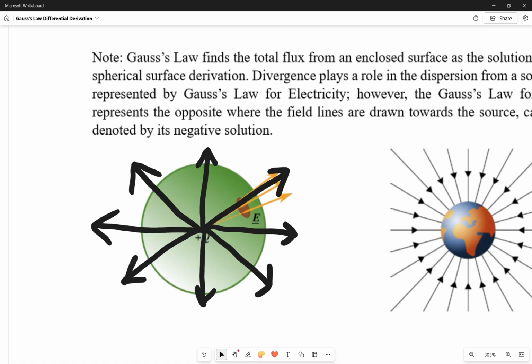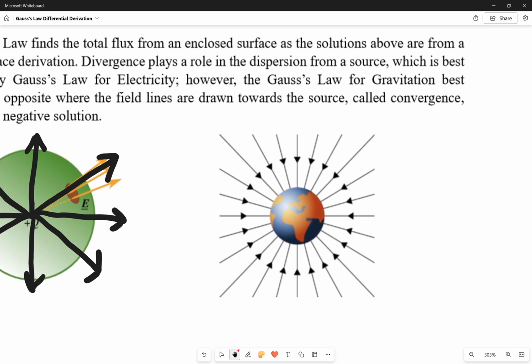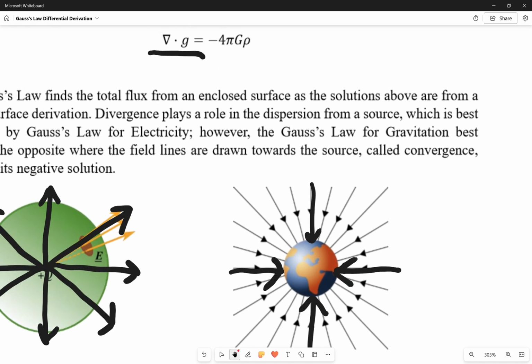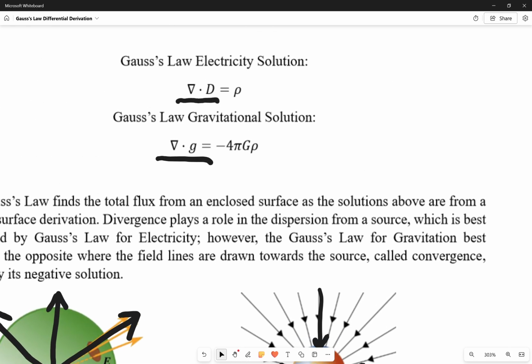Then it will represent a convergence. Gauss's law of gravitation also best represents this, seeing that the field lines are drawing inwardly. And we can look above to see that Gauss's law of gravitation equation has a negative solution.